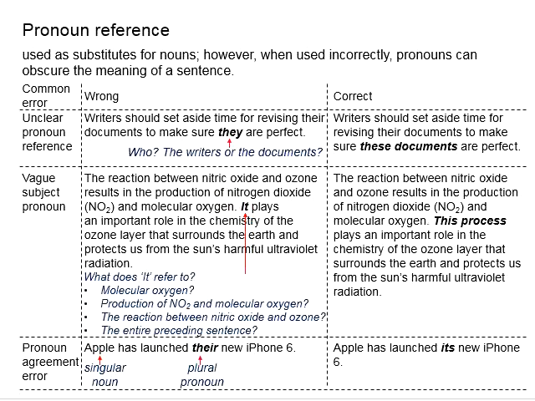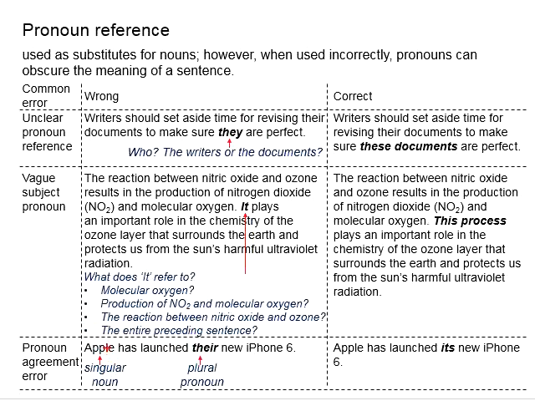The third common error for pronouns is the pronoun agreement error. It is normally related to the singular and plural conditions of the nouns and the pronoun. Taking this as an example: Apple has launched their new iPhone 6. The pronoun here, "their", is a plural pronoun, but Apple here is a singular noun.